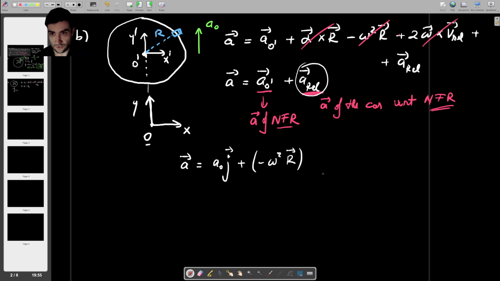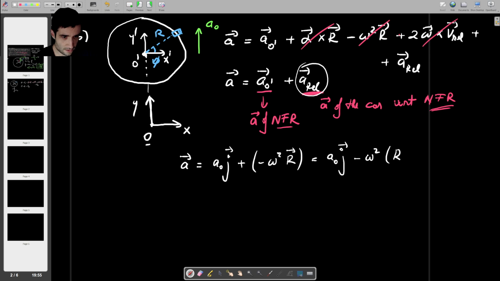Okay, and now we just have to figure out what r is. So we have minus omega squared, and r, or the r vector, is given by its two components.